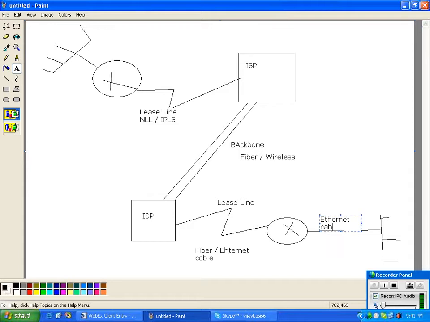And this is also Ethernet cable. Ethernet cable is our LAN cable. So our LAN cables are called Ethernet cable. These can be fiber cable or Ethernet cable. So this is how the setup would be in the real scenario. So you will be accessing your remote network in this way.